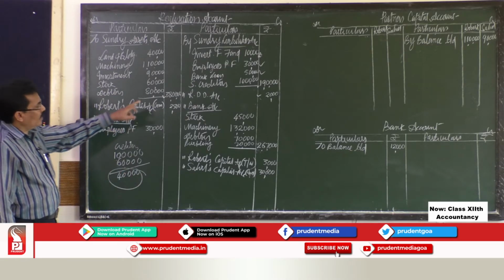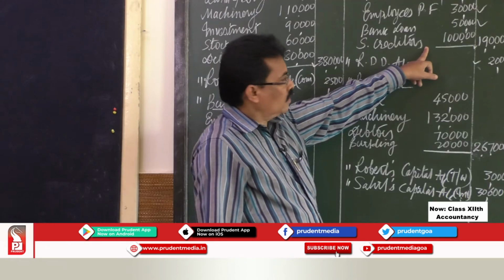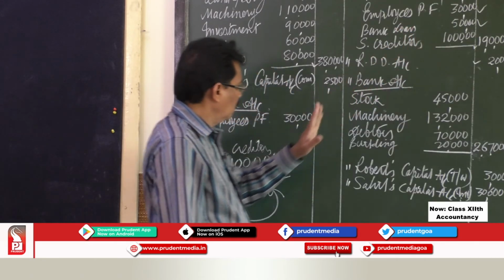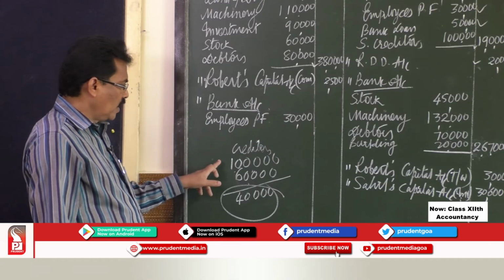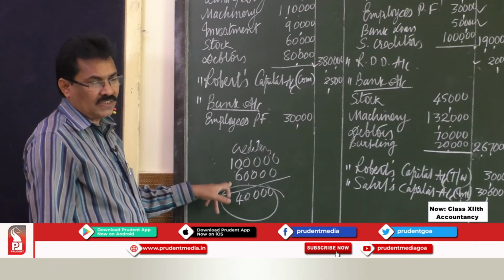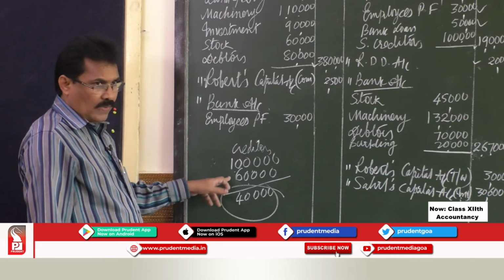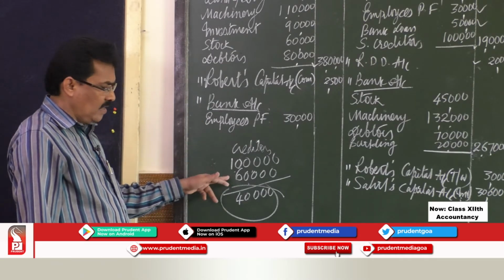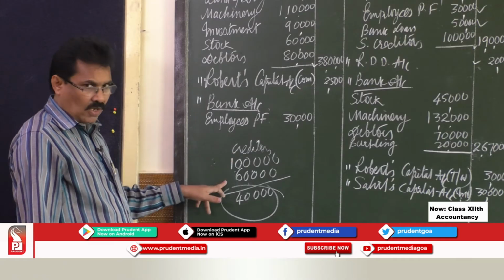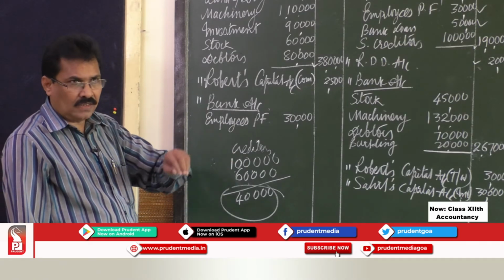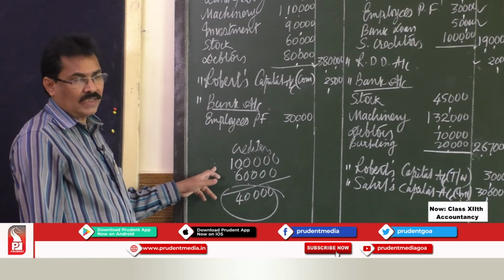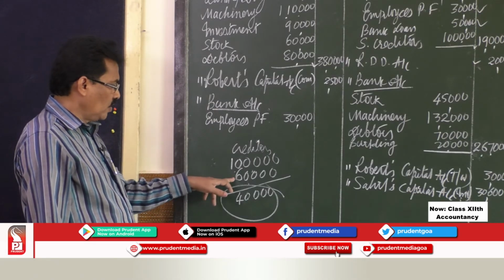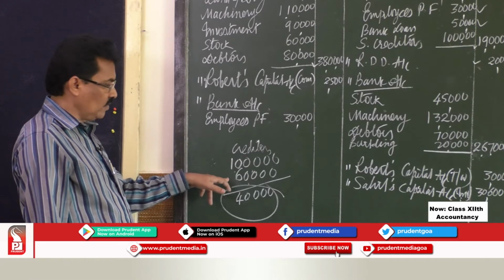Your total creditors is rupees 1 lakh. You were supposed to pay 1 lakh, but they took investment for rupees 60,000. When they take investment worth rupees 60,000, to that extent the firm's liability towards the creditors decreases. So you need not pay this 60,000.